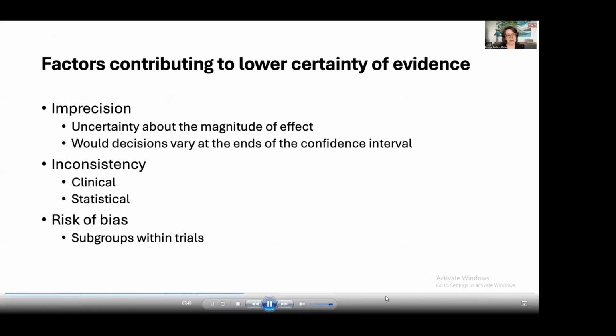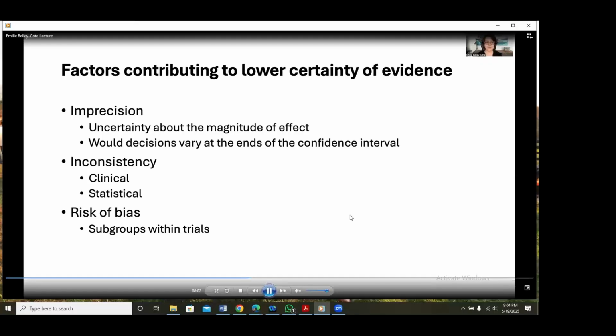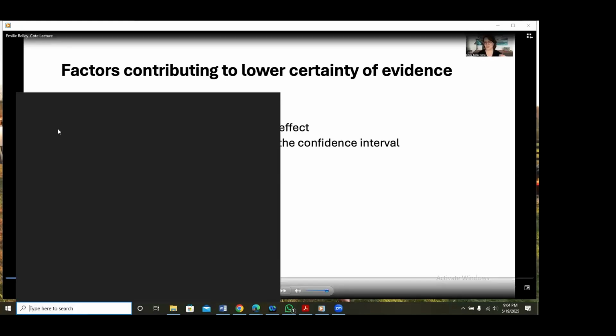And really, that pertains to both uncertainty about the magnitude of effect, but also often we could not rule out that there might have been a meaningful improvement in patient outcomes or worsening of patient outcomes with the intervention, right? So our decisions for our patients would vary if the true effect was at the ends of the confidence interval.